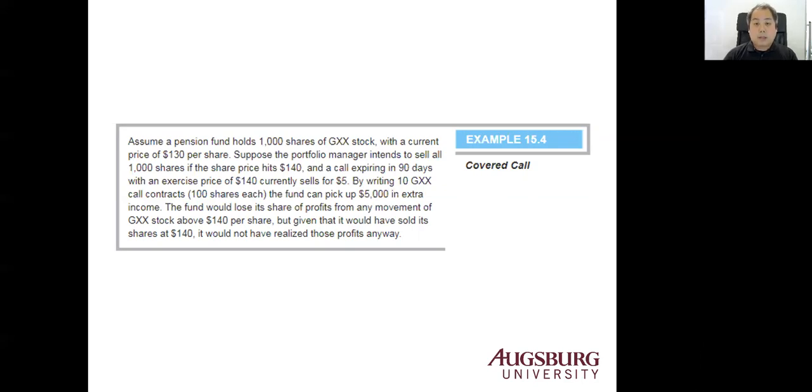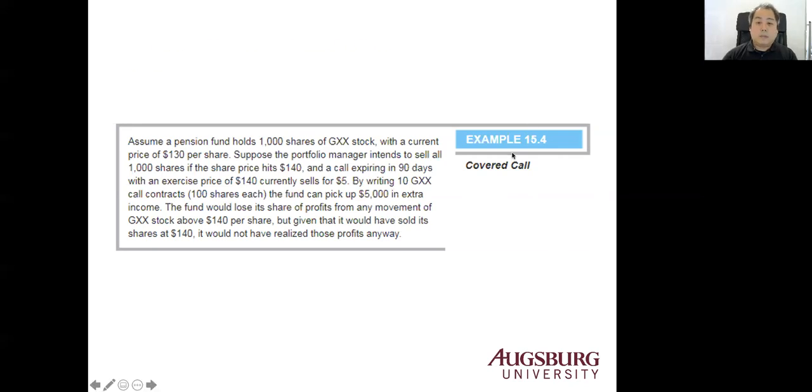When the price is below the target price, you enjoy the call premium you received, and after the stock price rises above the target price, you sell because it is automatically sold when the price is at the target. So that's how the covered call works.